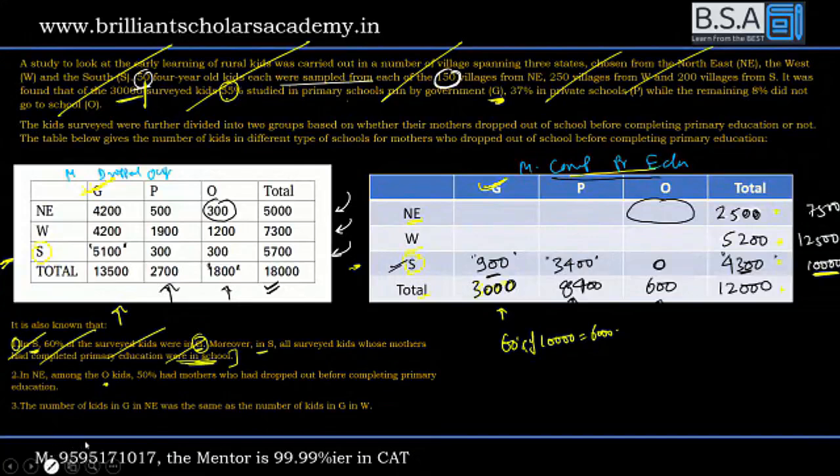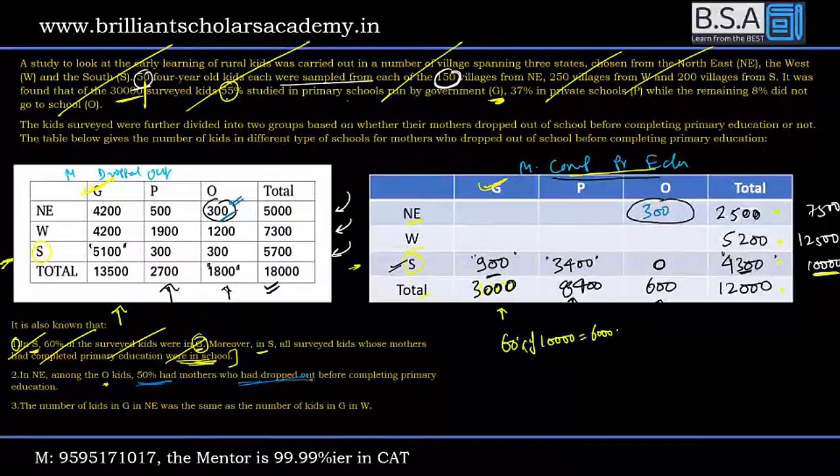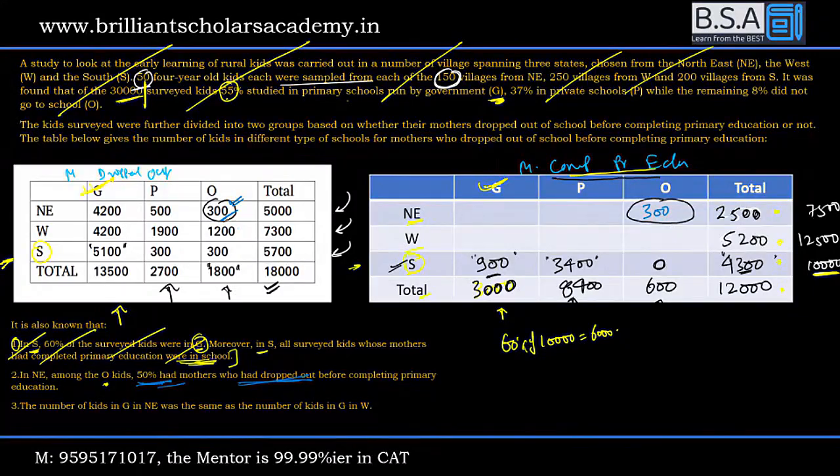So these kids whose mother dropped out are 50%. That means this will be the other 50%. These 300 kids whose mother dropped out are actually 50%. So 50% should be here. This number and this number is equal. By telling you it is 50%, we have told you they are equal.